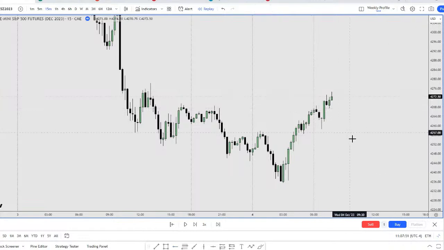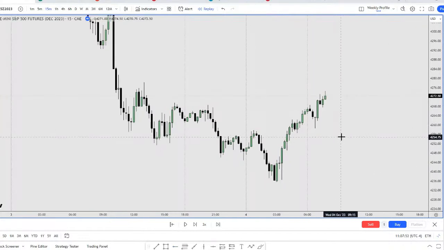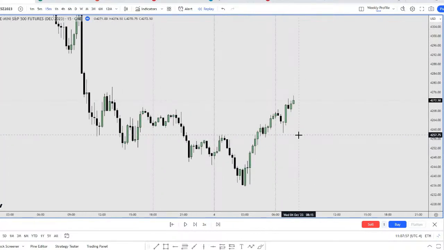So because we are in NFP and we are in Wednesday, typically you would expect seek and destroy profile. For seek and destroy profile, once AM session takes out Asia's high here, right? As you can see, London did not take out Asia's high.